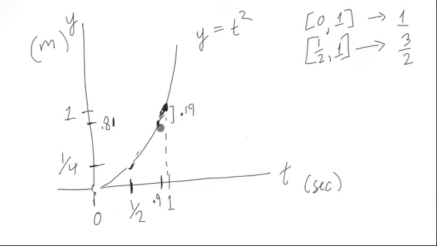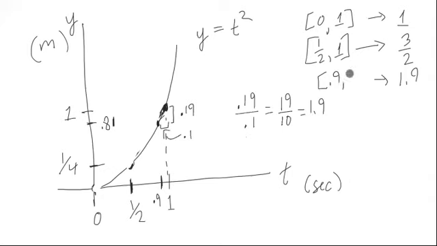And the run is 0.1. So we're going to get 0.19 divided by 0.1, which is the same as 19 over 10. All right. Or if you like, just 1.9. So 1.9 is what we get when we take this interval, 0.9 to 1.